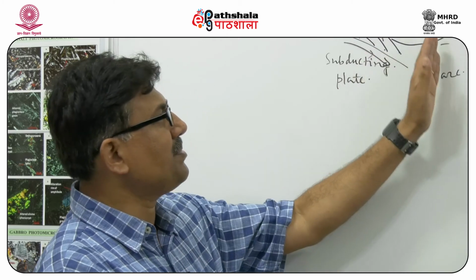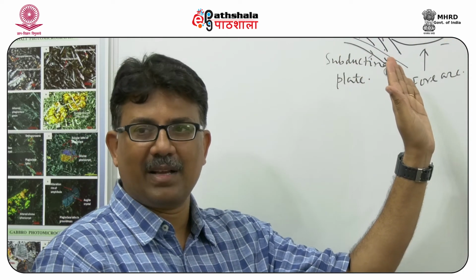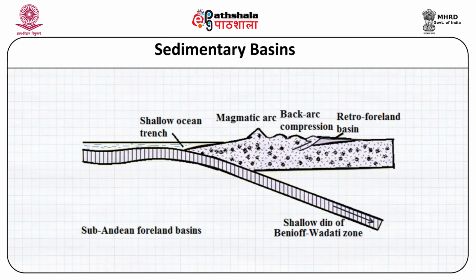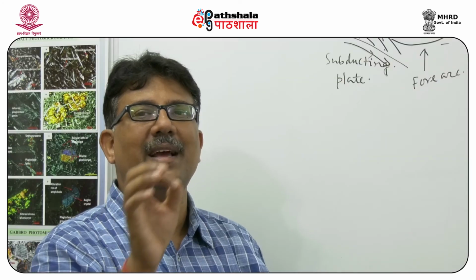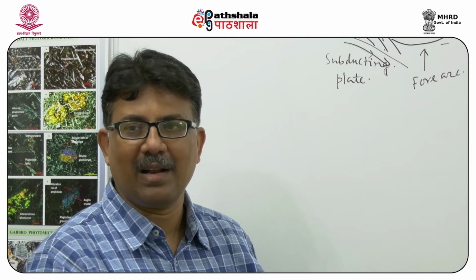The main supply of sediment in the fore-arc is from the magmatic arc, and a beautiful example of the magmatic arc in our country is the Barren and the Narcondam islands, which are the magmatic arc.